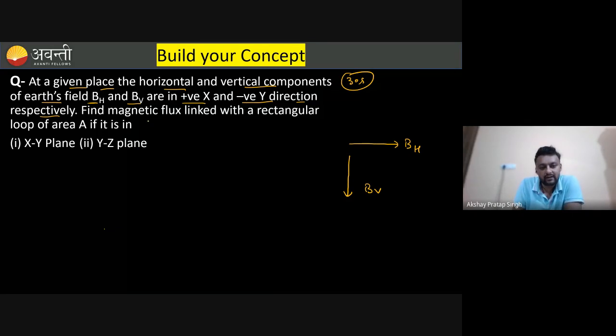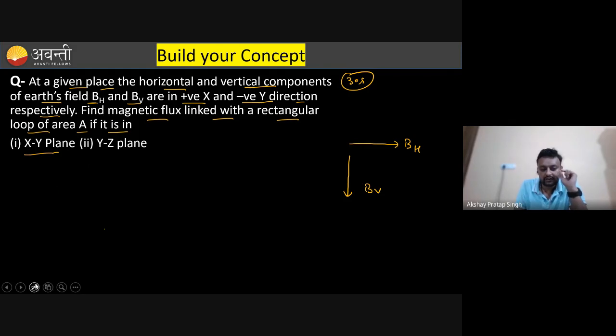Now they are saying find the magnetic flux linked with a rectangular loop of area A. So that means there is a rectangular loop placed in the XY plane. I don't think that I need to draw the diagram here. If the loop is in the XY plane, its area vector will be in which direction?